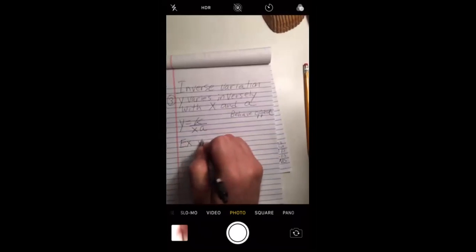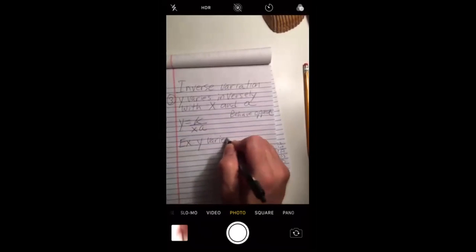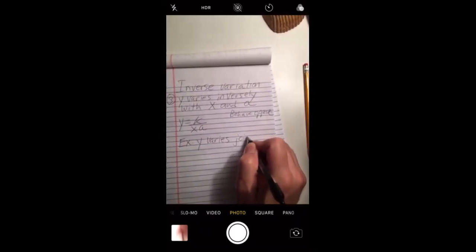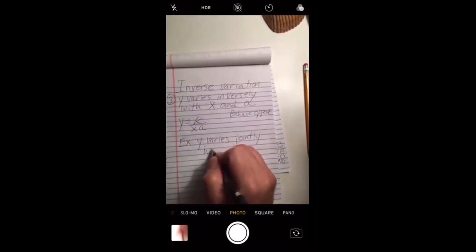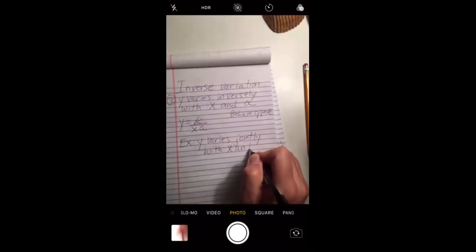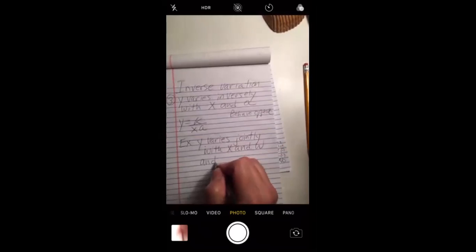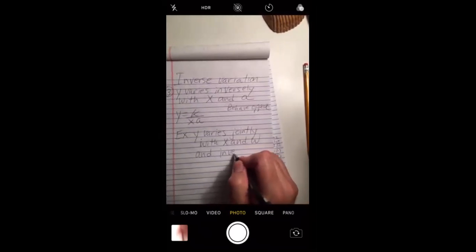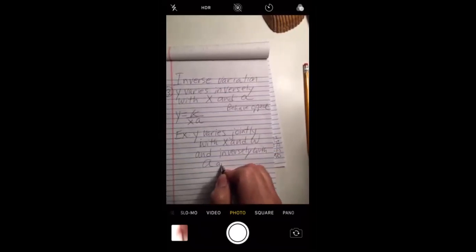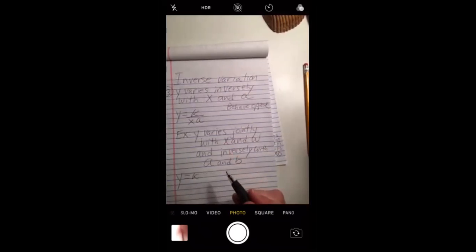Now they will give you some where they combine these. Just try an example of that. Y varies jointly with X and W and inversely with A and B. Y equals K for the Y varies.